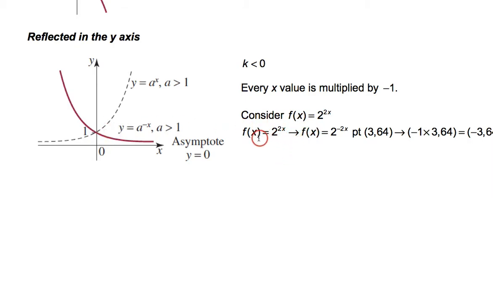So let's consider f of x equaling 2 to the power of 2x, and it being transformed into f of x equaling 2 to the power of negative 2x. Then a point (3, 64), this is a point which does lie on this equation. This point here will be transformed into negative 1 times 3, 64, and we'll end up producing the point (-3, 64). I've just run out of space there, but please believe me, it says (-3, 64).